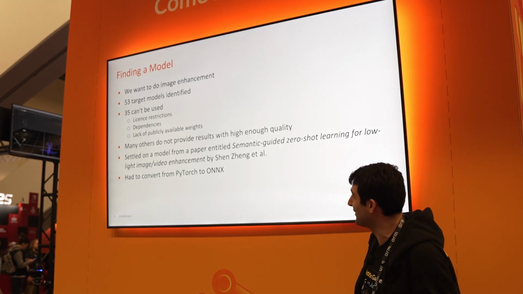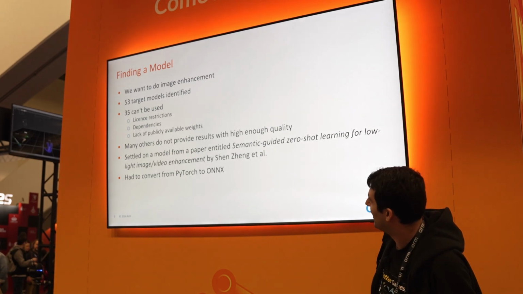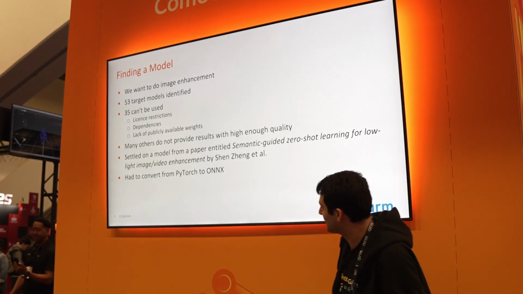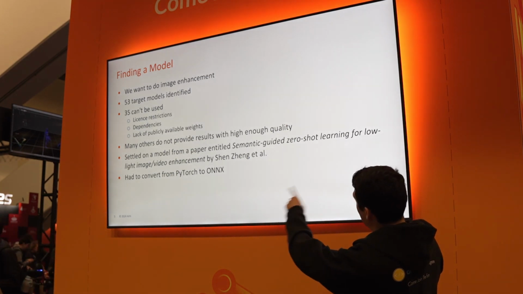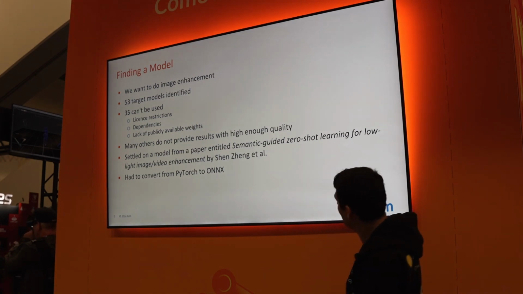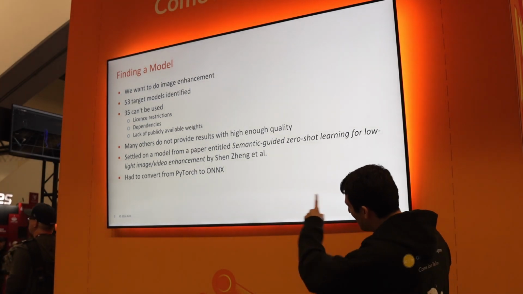So that's another consideration, and some of them are untrained, can't use that. Some of the other models, maybe the quality wasn't enough. Eventually we sort of settled on this model from a paper we found. It doesn't have a nice name, annoyingly, but there is the paper.